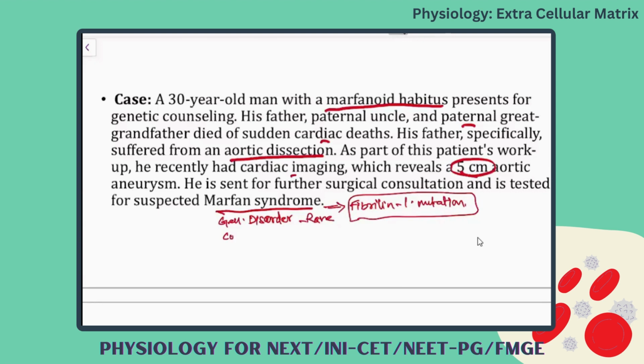It is mainly a defect in the connective tissues and the extracellular matrix because of the mutation in the fibrillin 1 gene.